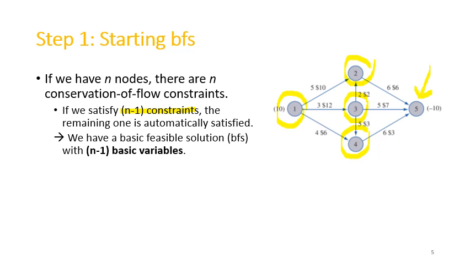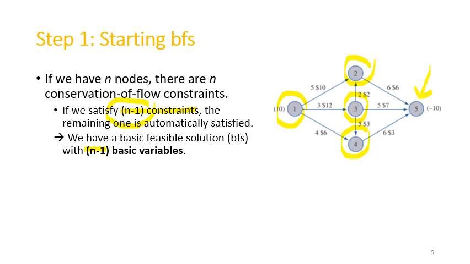It means that even if we have n constraints, we can ignore one of them, such that if we only have n-1 constraints in our BFS, we also only need n-1 basic variables.